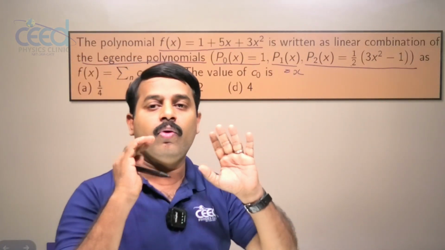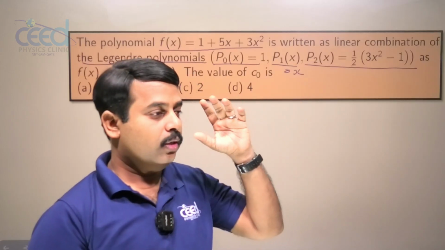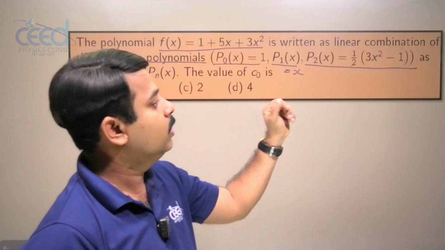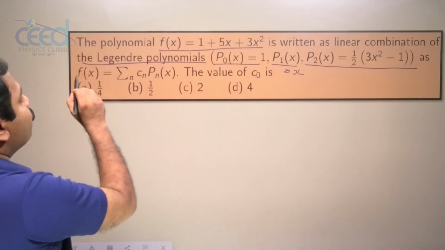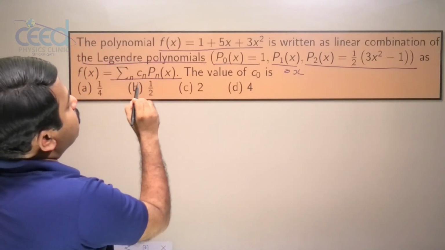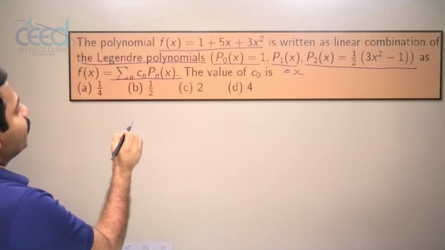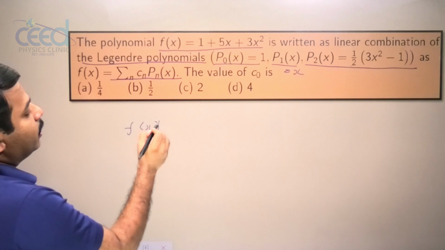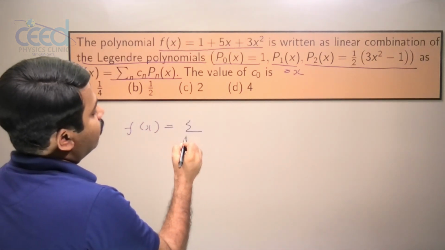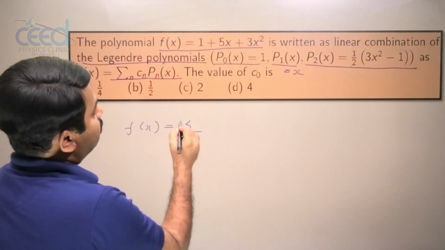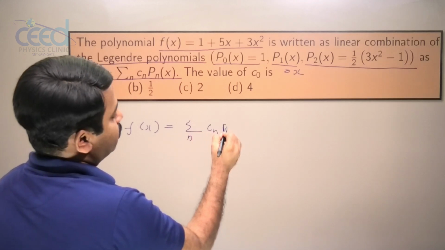Most of the problems they won't give these values. Up to P2 you have to memorize them. As f of x is equal to sigma n Cn Pn, what is the value of C0? See what they are telling: f of x you can represent as sigma n Cn Pn of x.